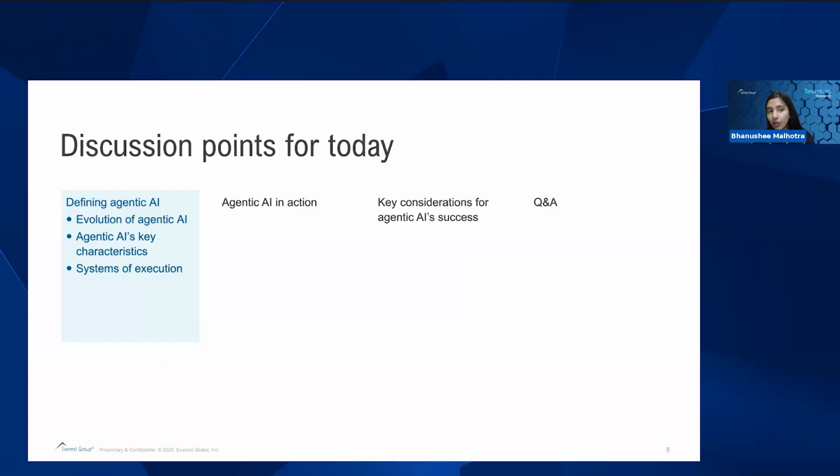The second part is going to be around getting that to action. So the second section is going to be about a lot of practical use cases of how we've seen our clients using agentic AI within procurement, and giving you an overview of how you can use it as well, right?